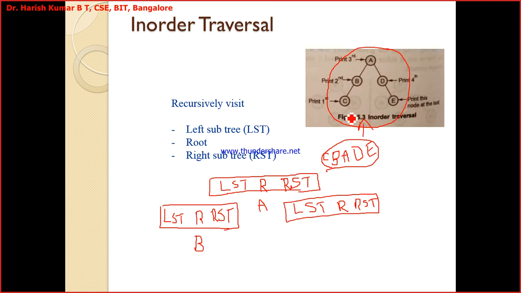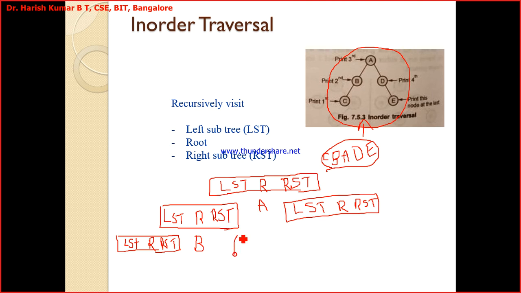Correct? Yes, sir. Since B has a left subtree, this LST I write recursively as LST, R, RST. Is there a right subtree for B? There is none, so I don't expand this now. Getting my point? Yes, sir.